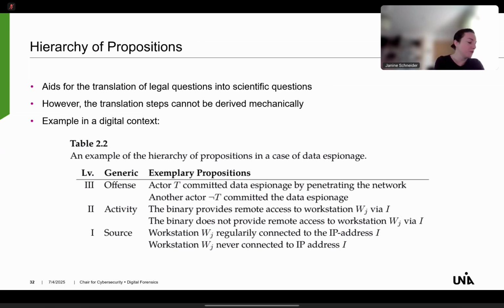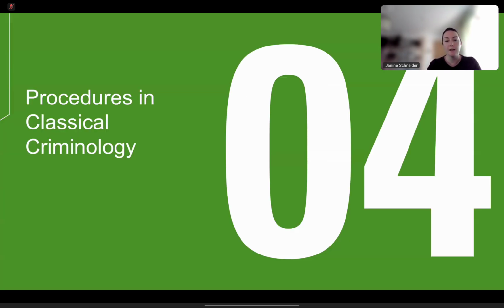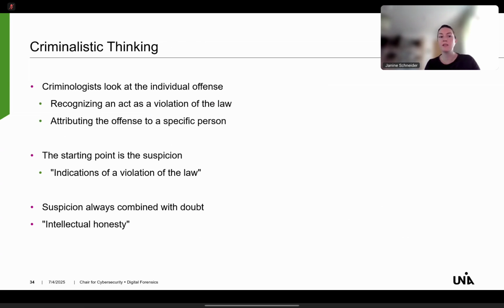Okay, but we don't have to go very deep into that now. Let us continue with procedures in classical criminology. This is a very important thing also for us as digital forensic scientists, as we need some kind of criminalistic thinking in order to answer the questions that we get from the investigative order, for example, when analyzing digital devices.